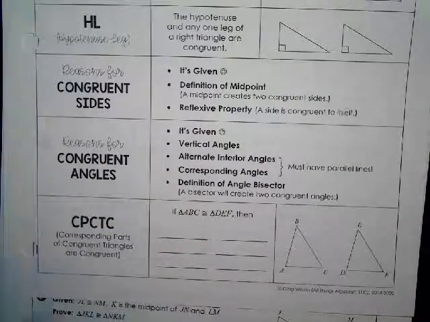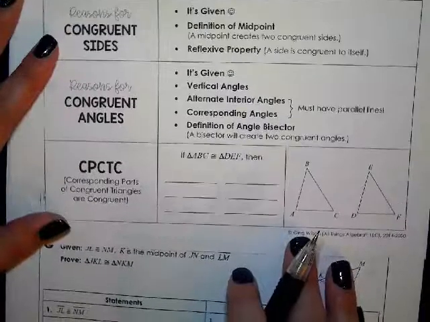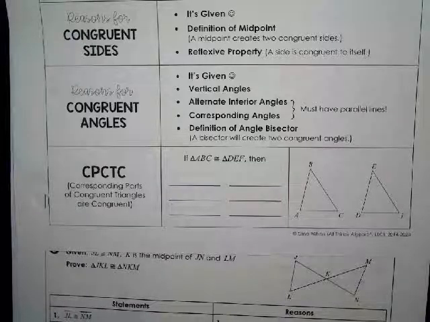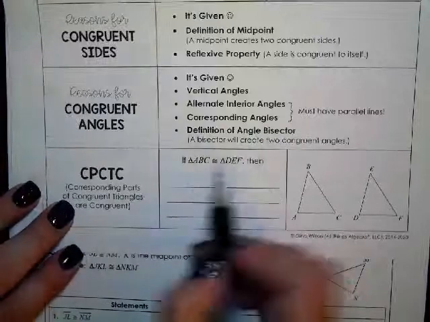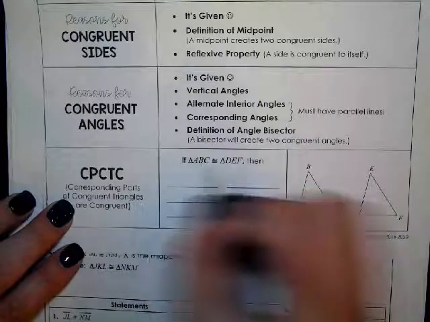All right, CPCTC, that very satisfying thing, tells us that once we know two triangles are identical to each other, all the angles are the same, all the sides are the same. So let's go ahead. We have our congruence statement here. We're going to label everything that's the same.